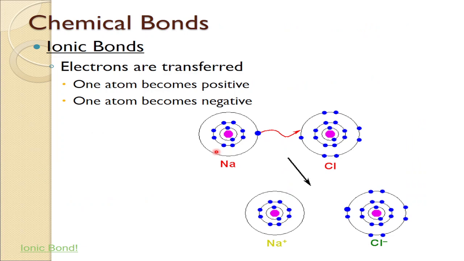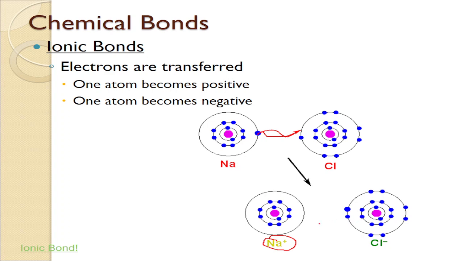Chemical bonds. We have different types of bonds. We have the ionic bond, wherein electrons are transferred. So one atom becomes positive and the other atom becomes more negative, just like what happened in sodium and chlorine. Sodium donates the electron to Cl, so sodium becomes positive and chlorine becomes more negative.